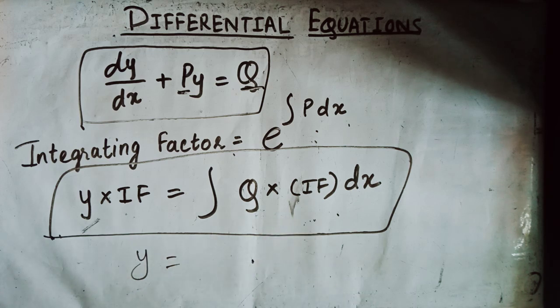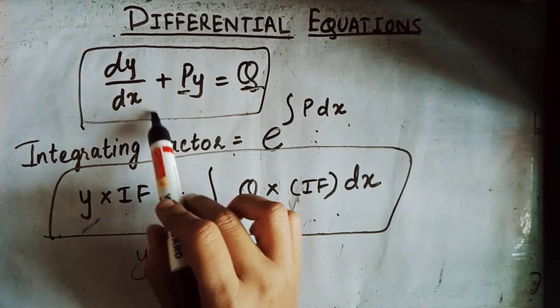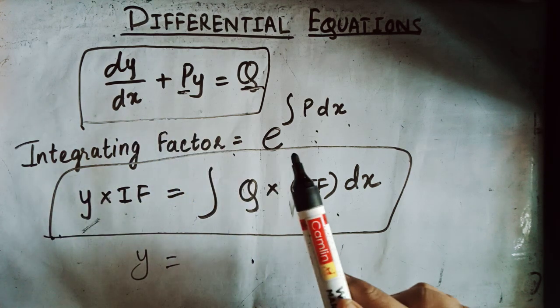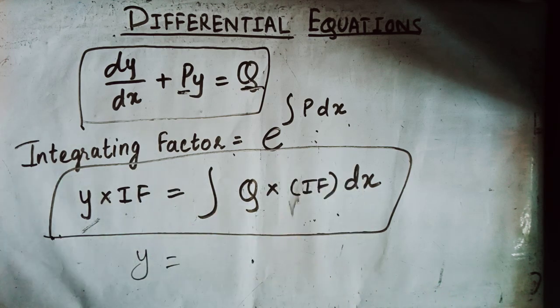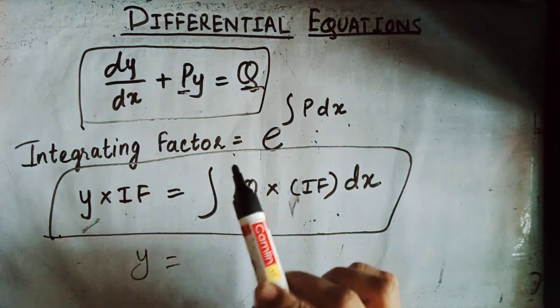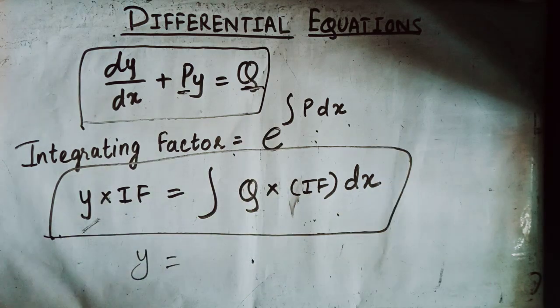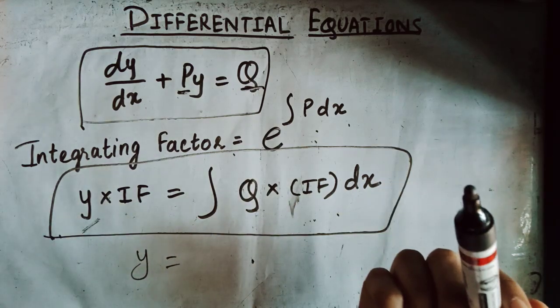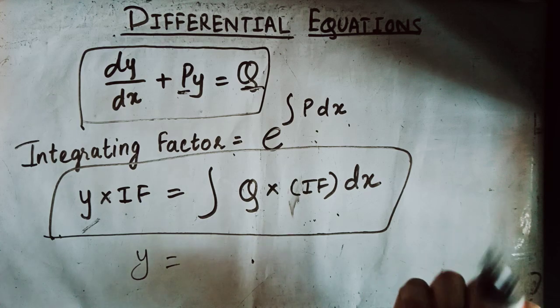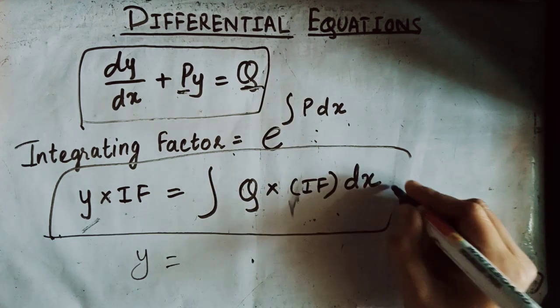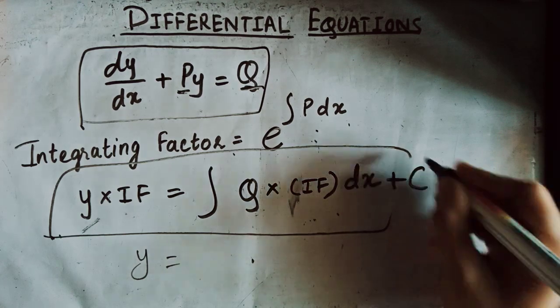This equation can also be given in another form, that is dx by dy form. Then p and q will be functions of y. So let's write this again. Here a constant of integration will come.